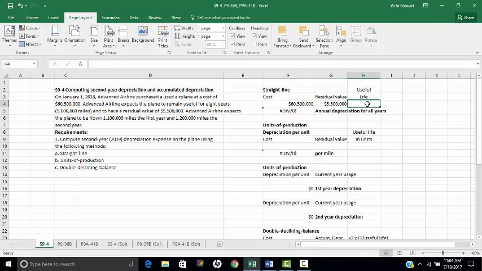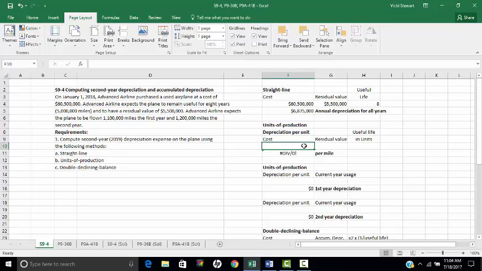So if we subtract $5,500,000 from $60,500,000, we get $55 million. The useful life of this equipment is 8 years, so the $55 million divided by 8 is going to be $6,875,000 in depreciation for all of the years, all 8 years, so for the first and the second year also.